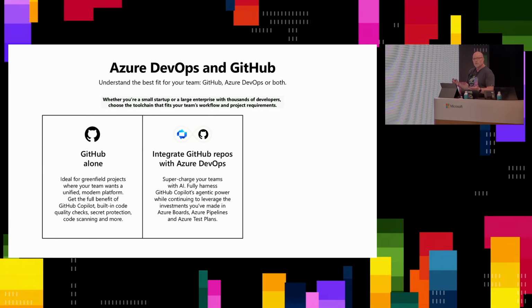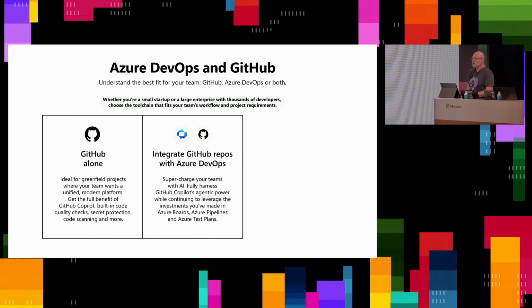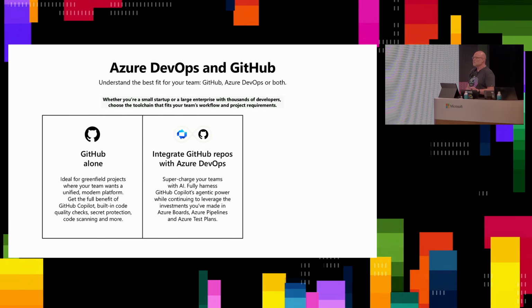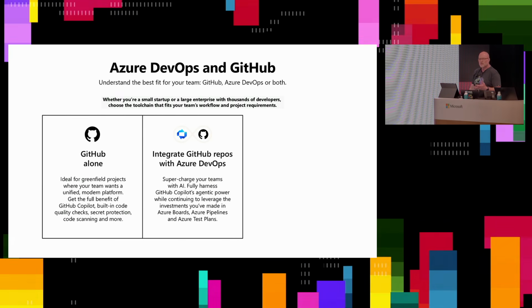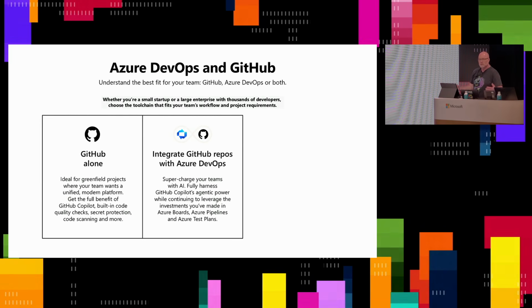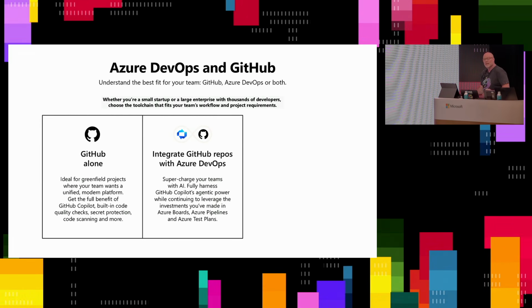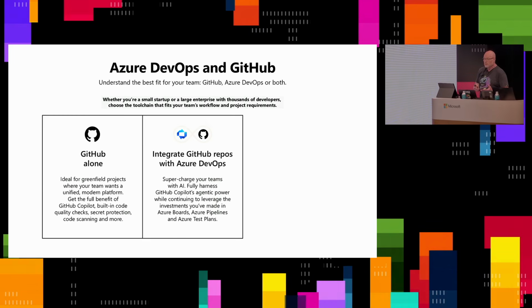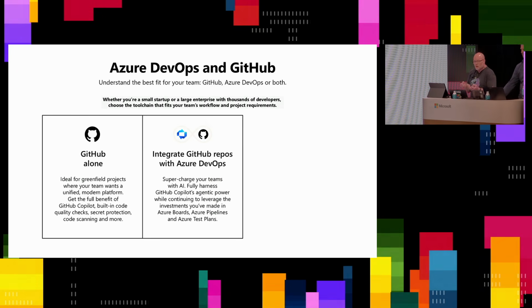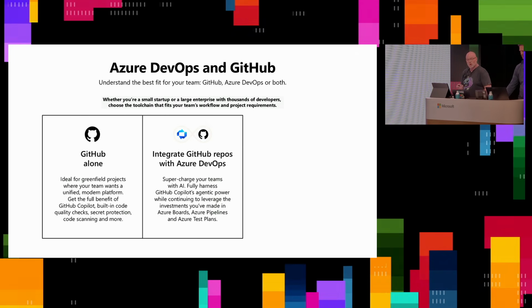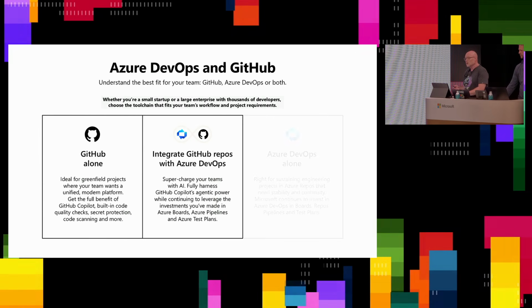We want to fully harness GitHub Copilot's agentic power while continuing to leverage the investments you've made in Azure Boards, Azure Pipelines, Test Plans, and more. Users of Azure Boards and Azure Pipelines can now really harness the agentic power of GitHub Copilot Cloud Agent in their work.